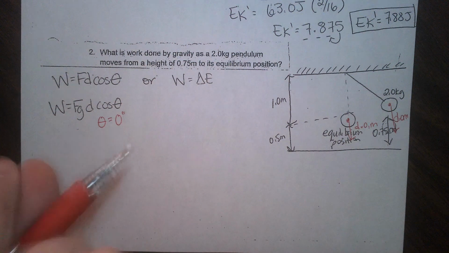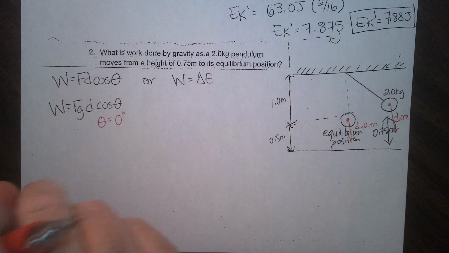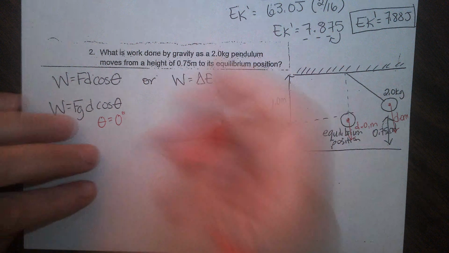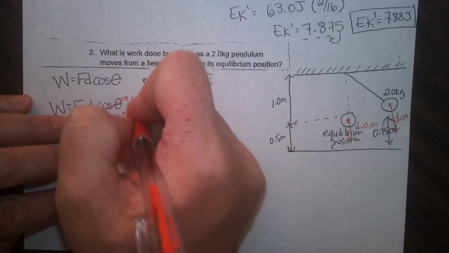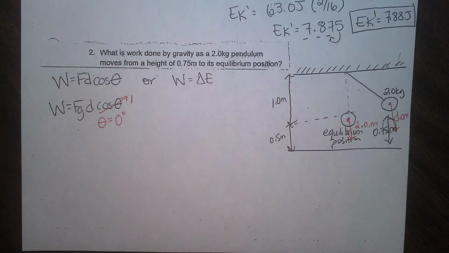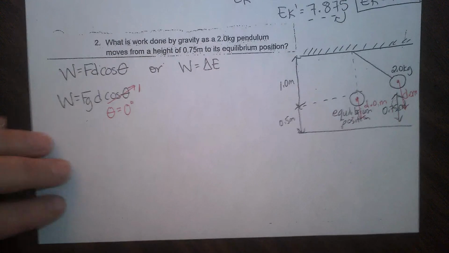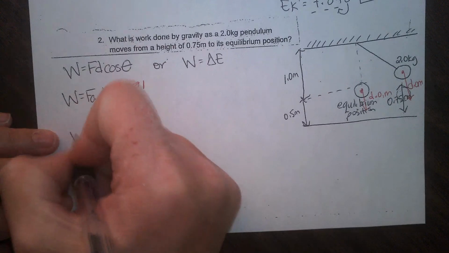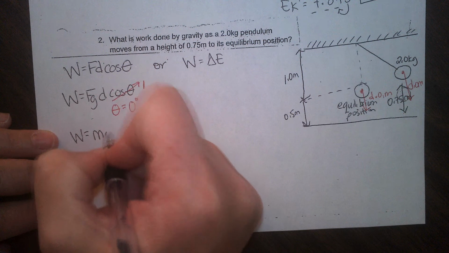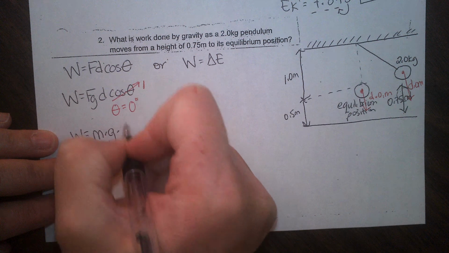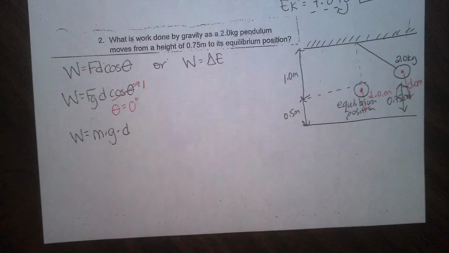And the cos of 0 degrees is 1. So cos theta is going to be 1. So we would solve this: work is equal to mass times gravity times distance.